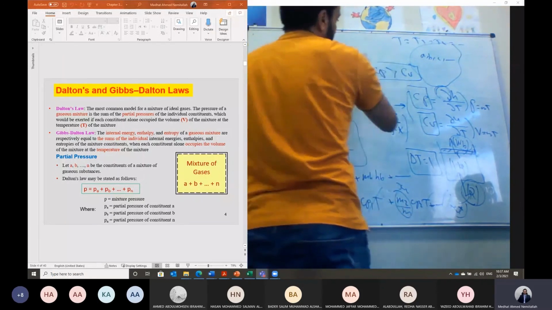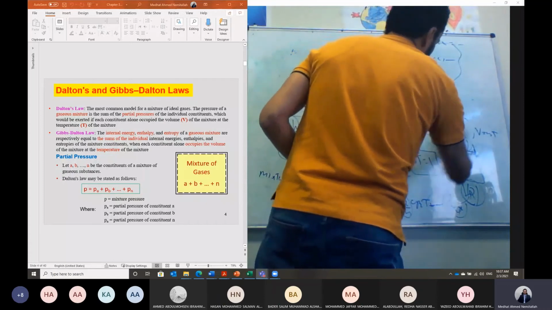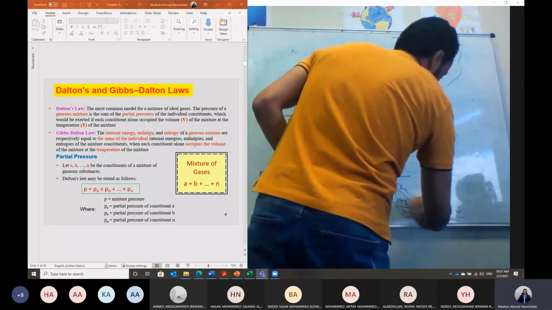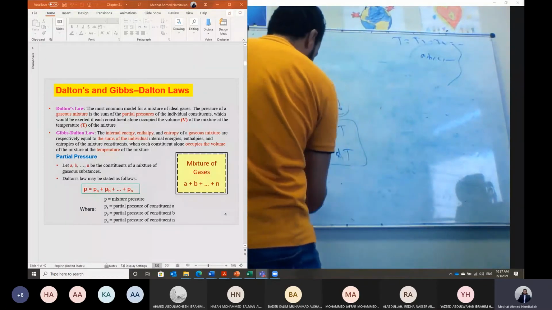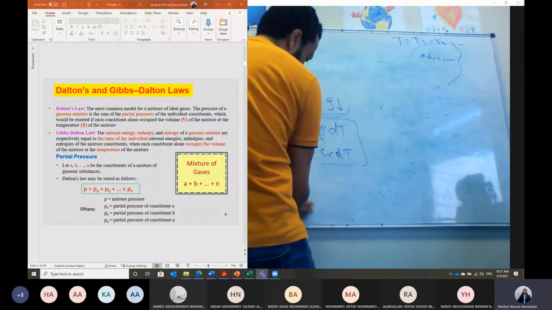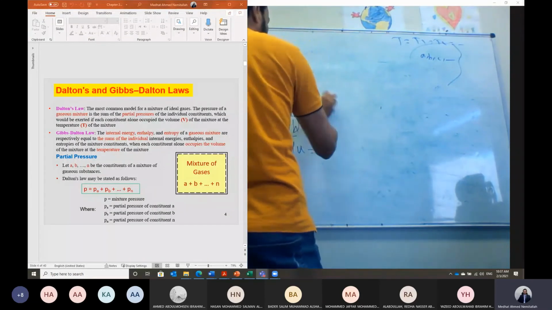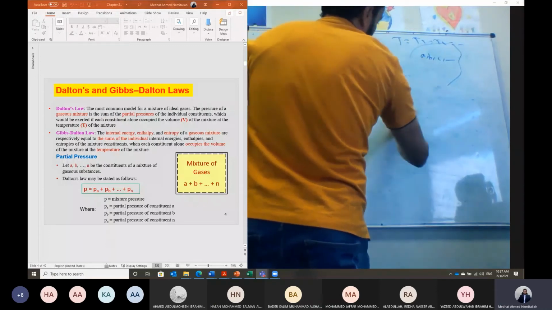Or we can say, guys, the specific heat for a mixture at constant temperature will equal just the summation of the mass fraction of each component multiplied by the specific heat of each component. Each gas has a given specific heat at constant pressure and specific heat at constant volume, and these are functions of temperature.